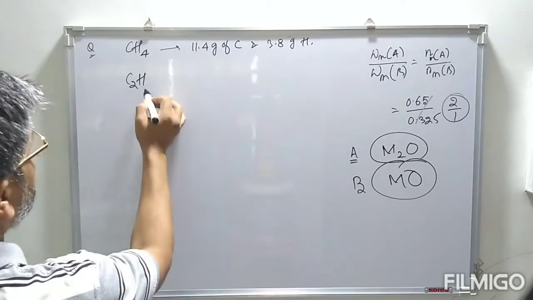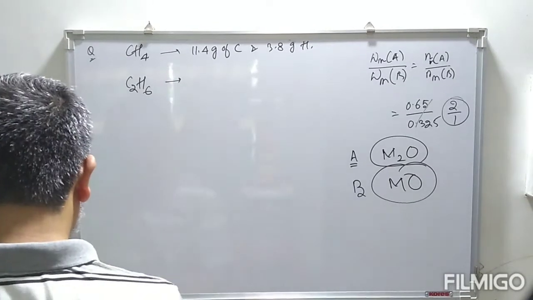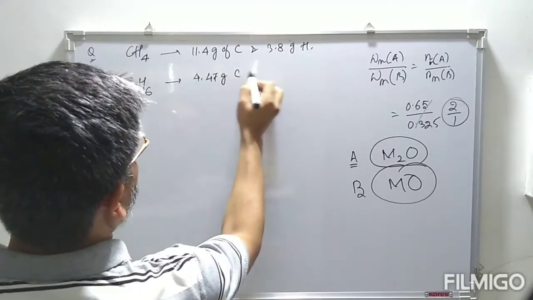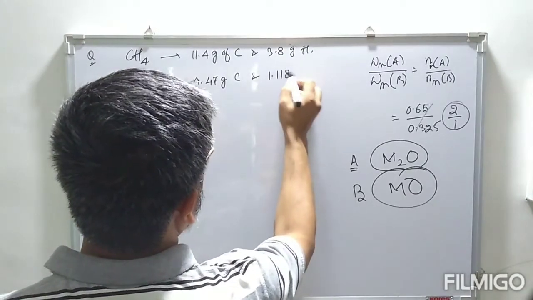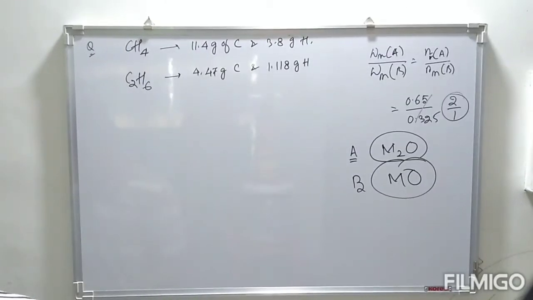Another sample of hydrocarbon, that is ethane. This ethane contains 4.47 gram of carbon and 1.118 gram of hydrogen. So that these two substances obey law of multiple proportion.